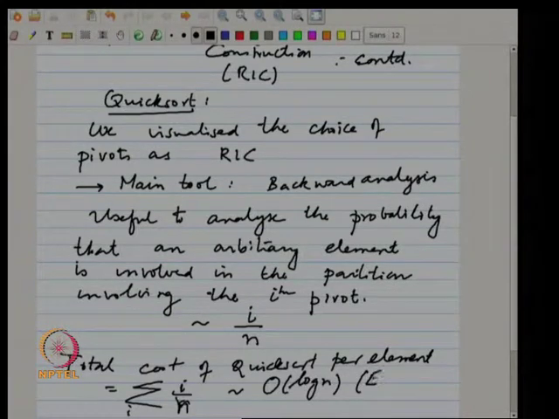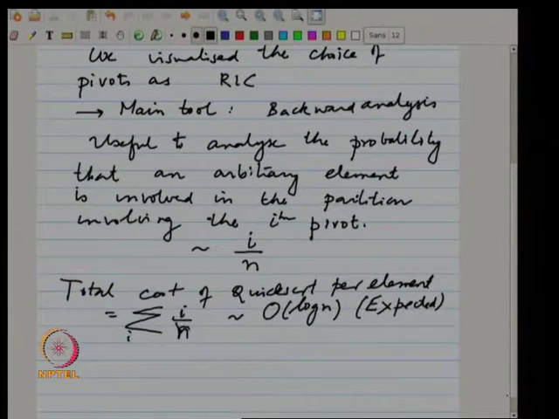This is expected, of course. So, for the n elements it is n log n.